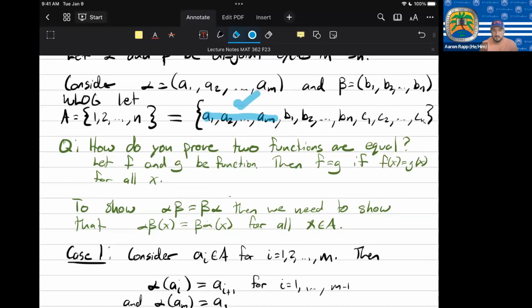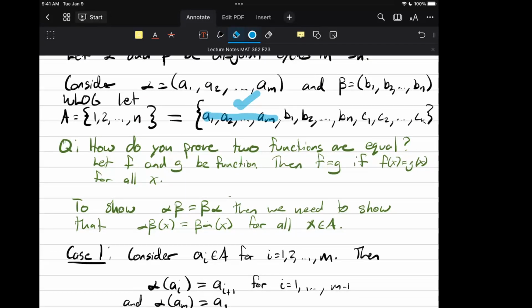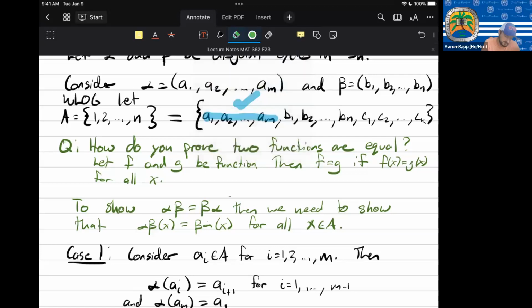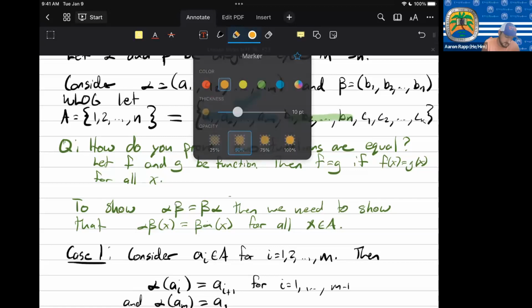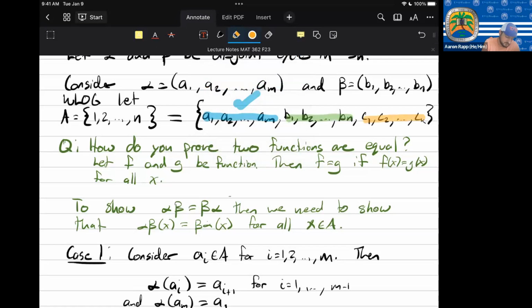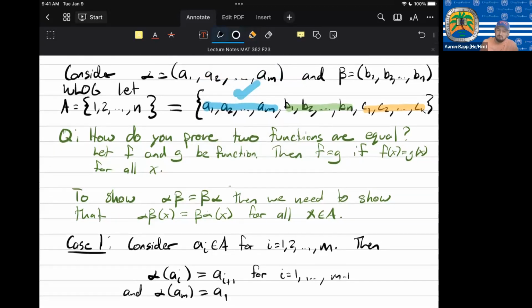What else do I need to check? B sub i. Yeah, I need to make sure those two functions have the same output for all the b's. And then what else? The c's. Yeah, and then everything that they don't share. I've got to make sure that the outputs are always the same.